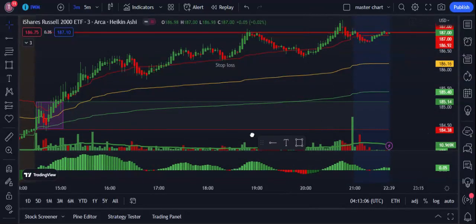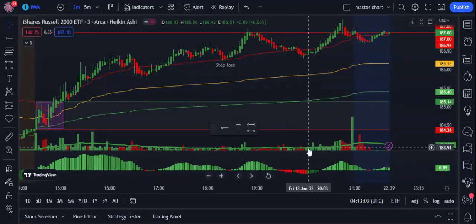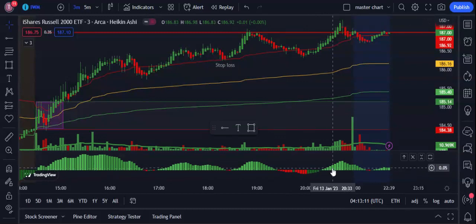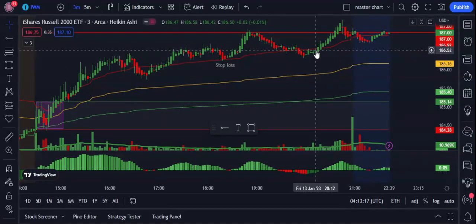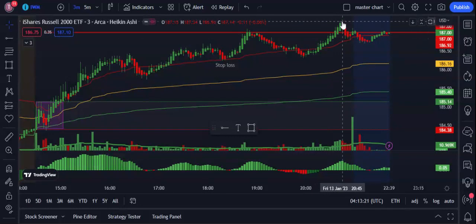Our volume is up, as well as our 8 and 20 cross on our EMA indicator. Therefore, this is another trade entry. We can enter here for a quick scalp at the end of the day.